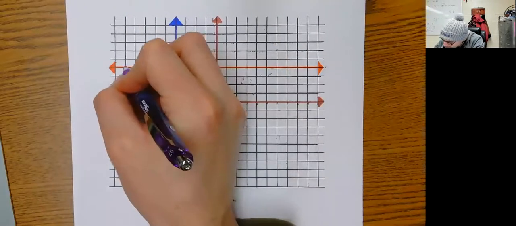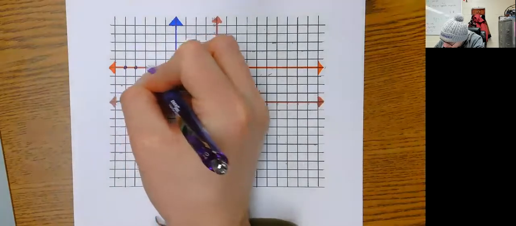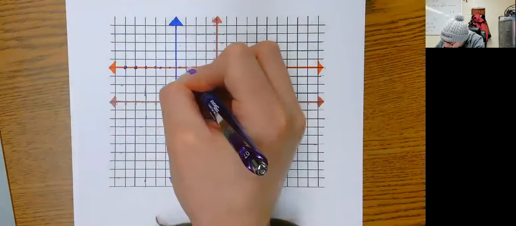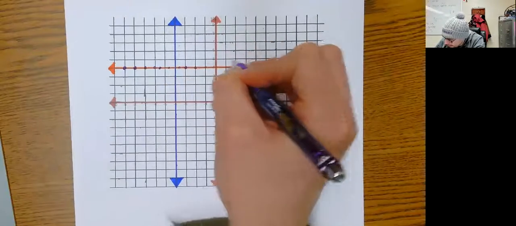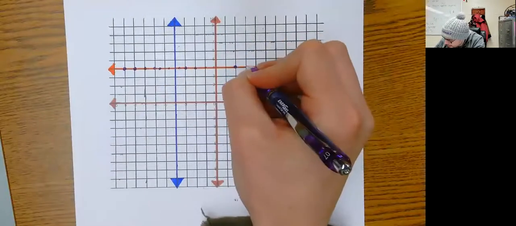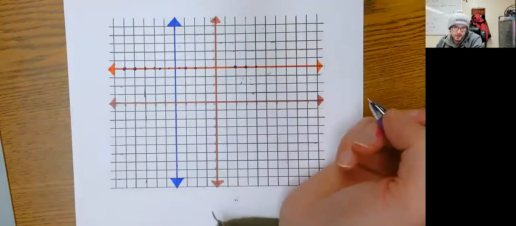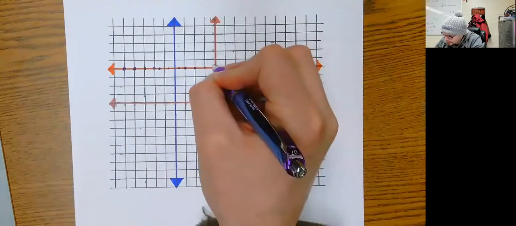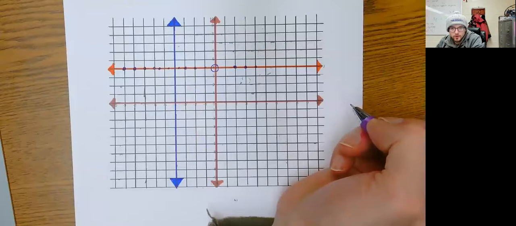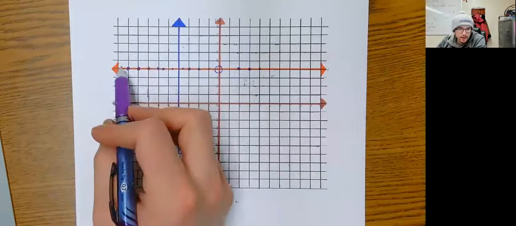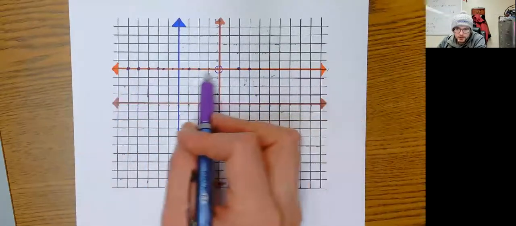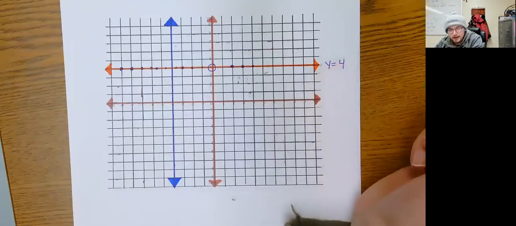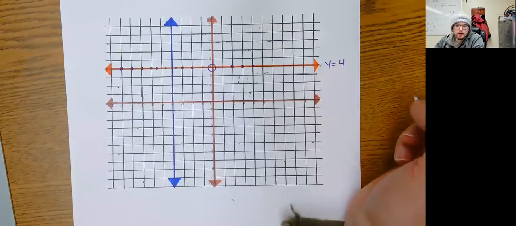Everywhere on this line, even in the middle, no matter where I put a point on this line, there's something special happening. Everywhere on that line, the y value is always 4. So the equation for this line is just y always equals 4.